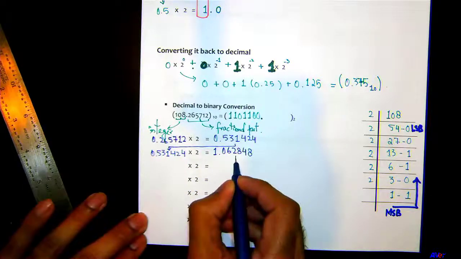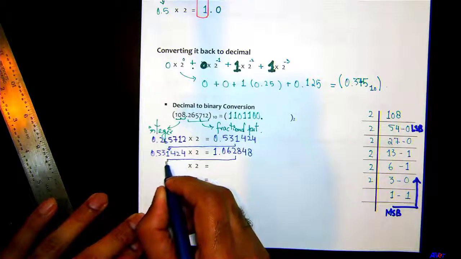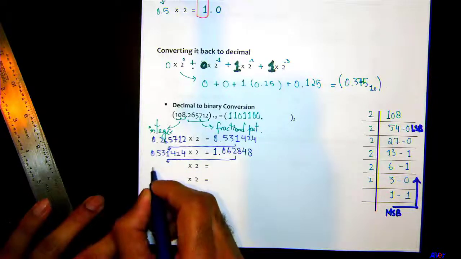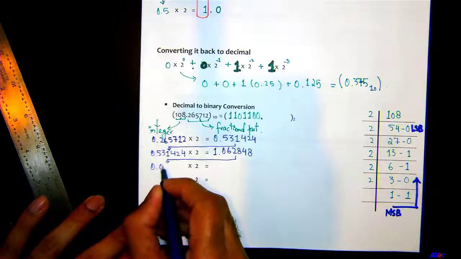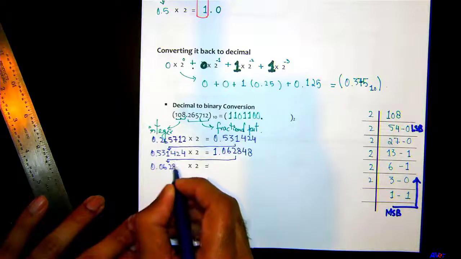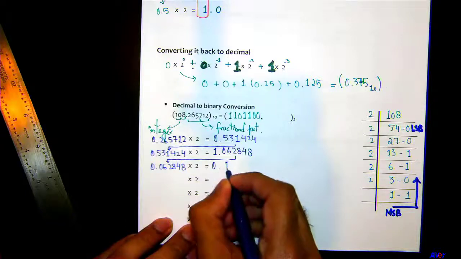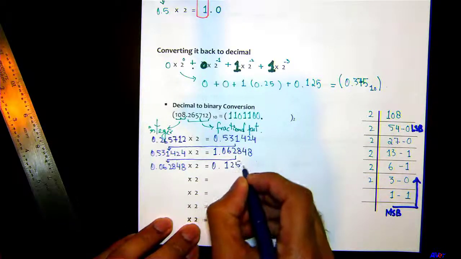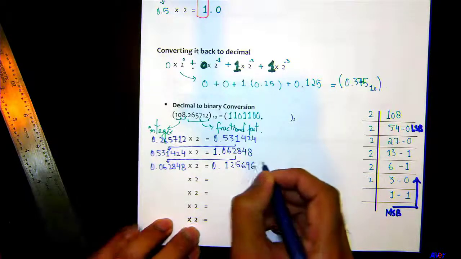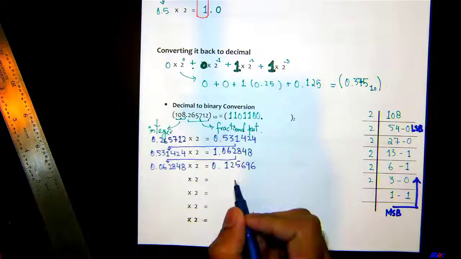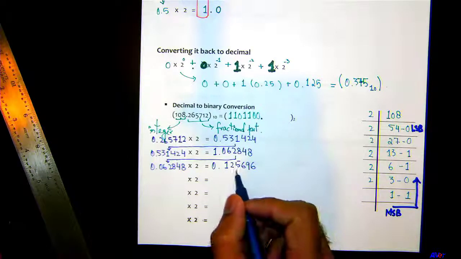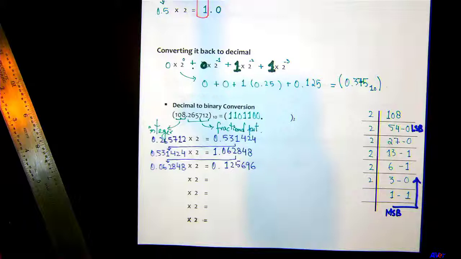Take this fractional part again, 0.062848, times 2 gives 0.125696. I suggest that you at least carry 4 to 6 decimal digits with you all the time.